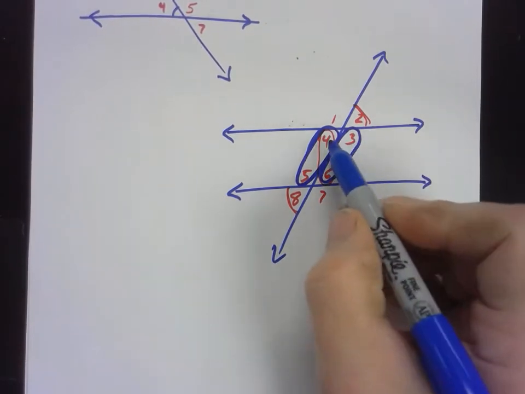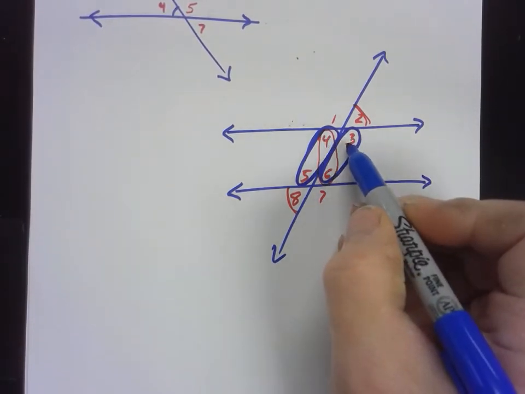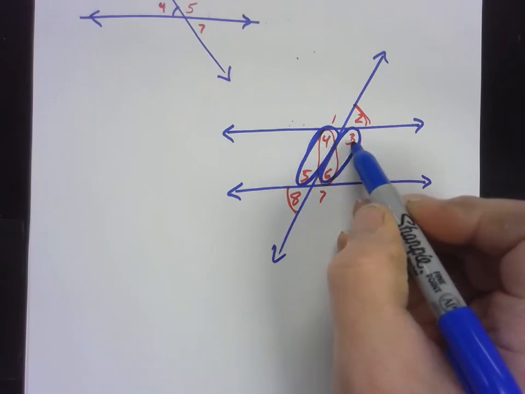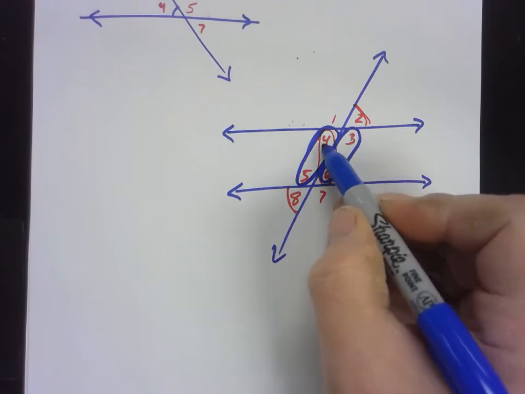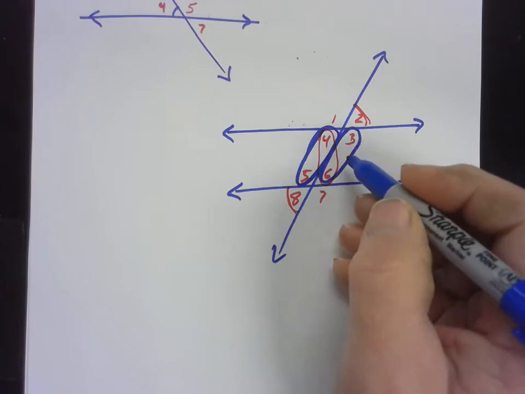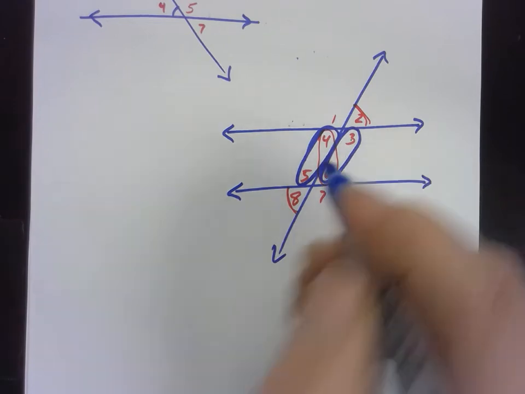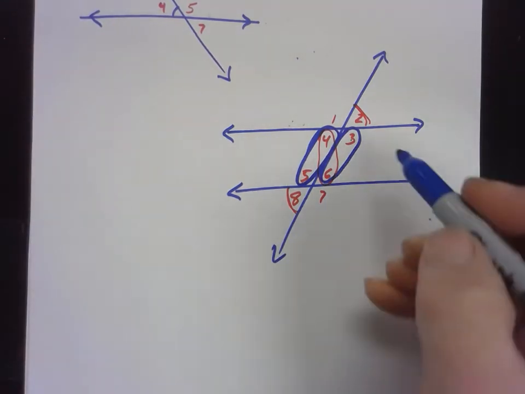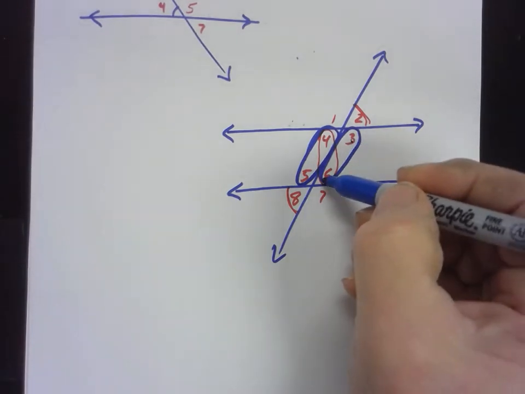Remember, 4 and 3 are not consecutive interior angles. Even though they're on the interior and they are adjacent to one another, we don't call them consecutive interior angles because they're on opposite sides of the transversal. Consecutive interior angles are always on the same side of the transversal.